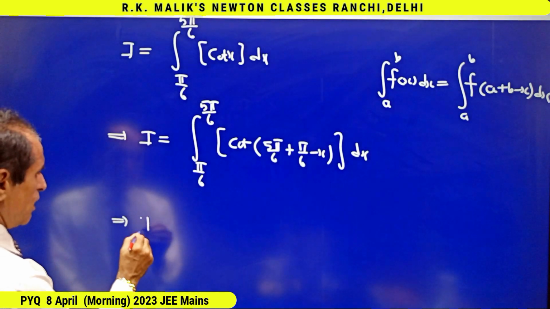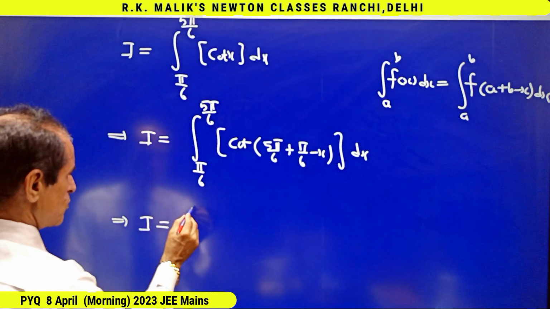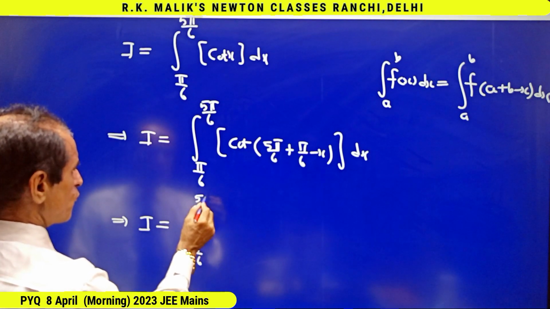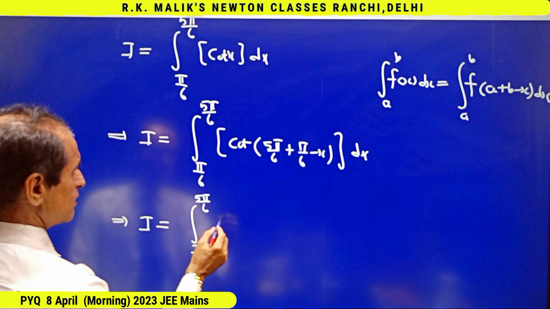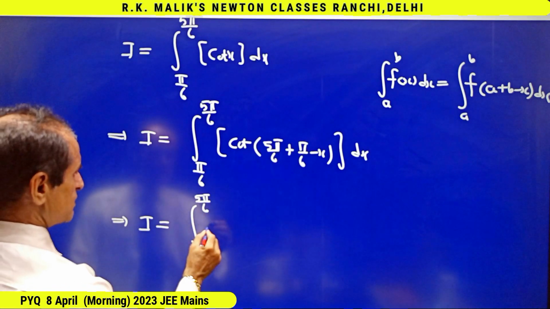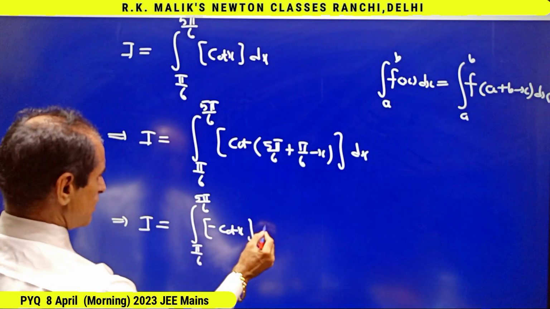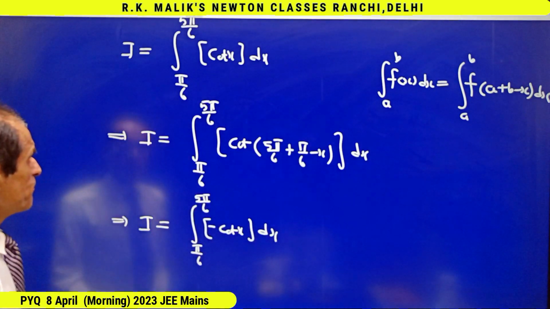This implies that I is equal to the integral from pi by 6 to 5 pi by 6 of box of cot(pi minus x), which is minus cot x, dx.